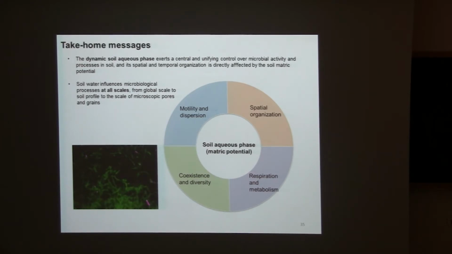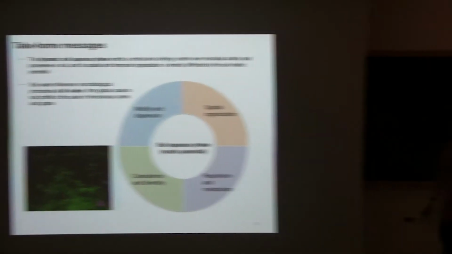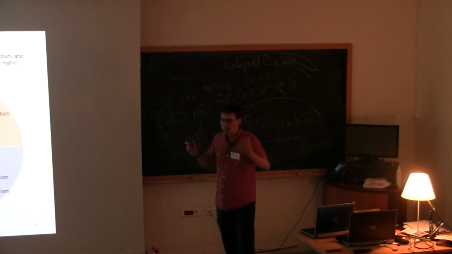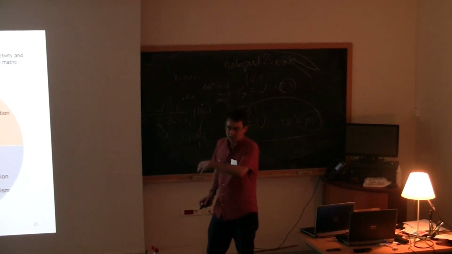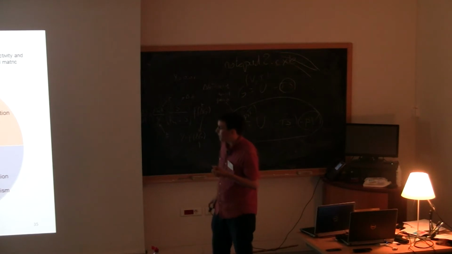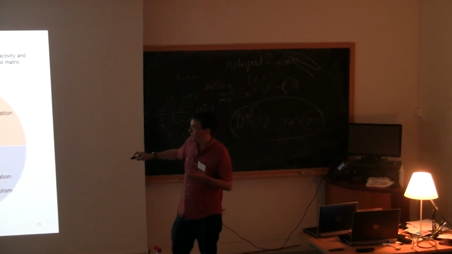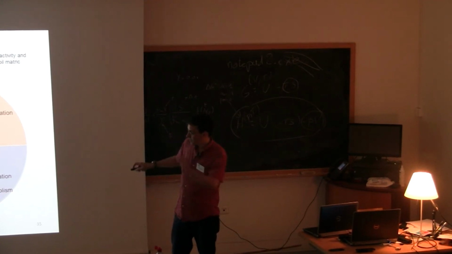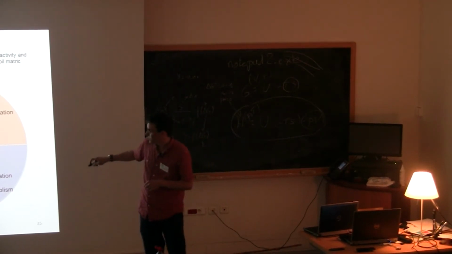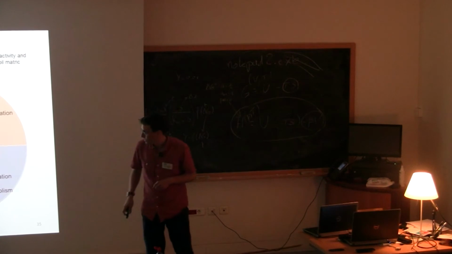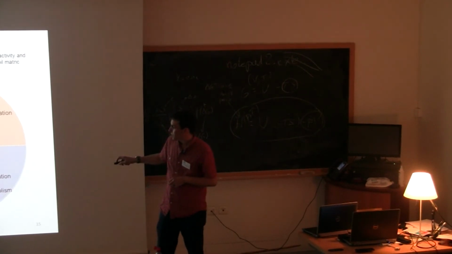What I want to stress as well is that soil water influences microbiology at all scales. You've seen microscopic elements, you've also seen larger scales. You can really think of it at all of the scales that are relevant to your research. I just added finally a little micrograph of fluorescent bacteria, again the Corsican bacteria that we isolated here, where we labeled them with different fluorescent dyes.